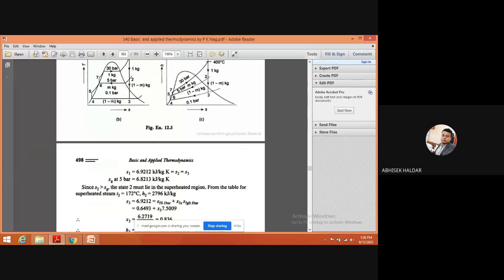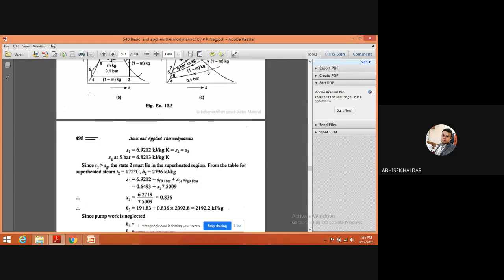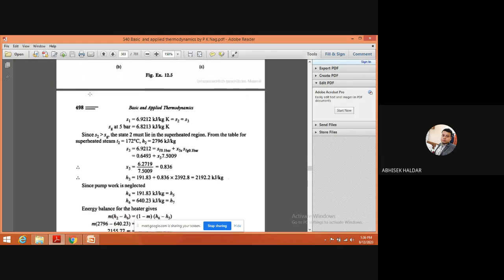At 0.1 bar, and H6 is nothing but HF at 5 bar. Okay, and if you just calculate these two pump works, you will get the value of H7 and H5 like the last problem. So I think that has been done. Since the pump work is neglected, the problem is getting very easy.